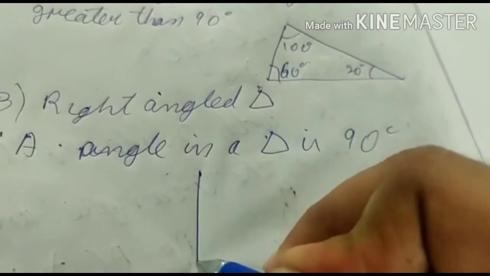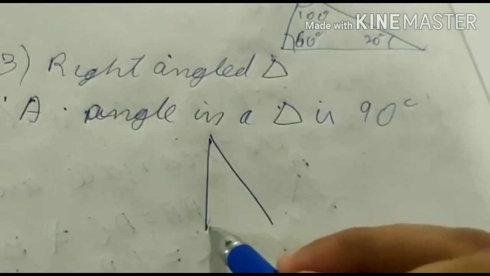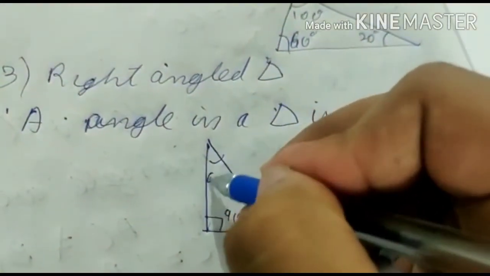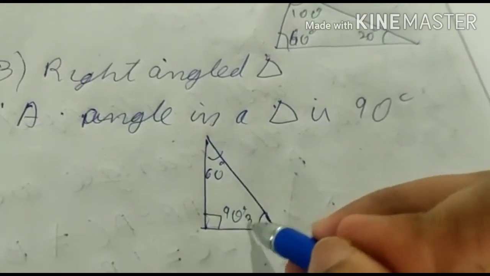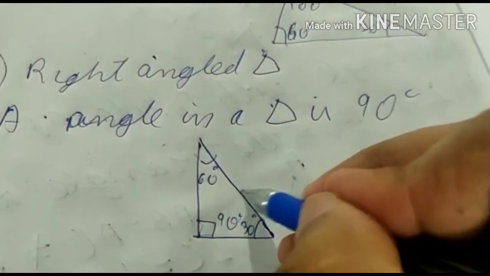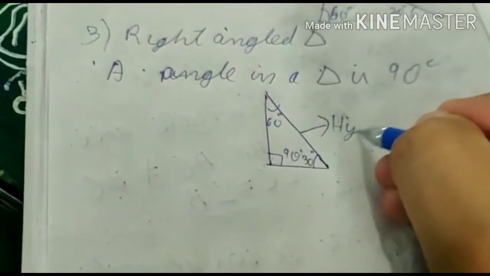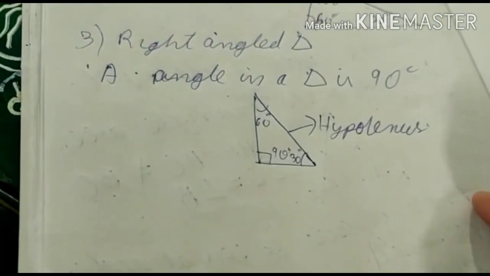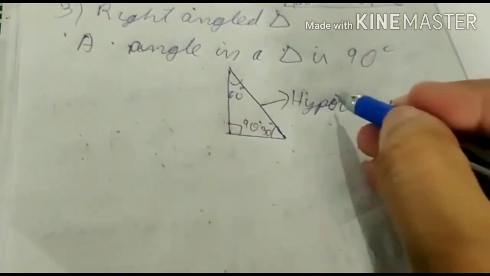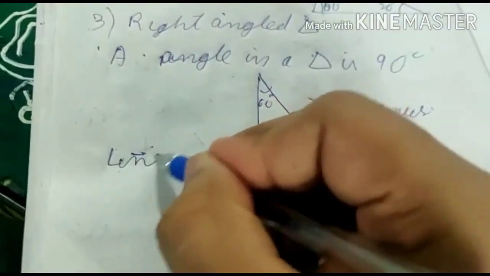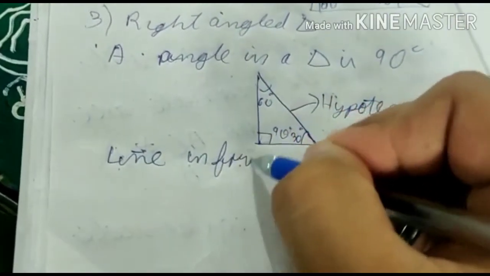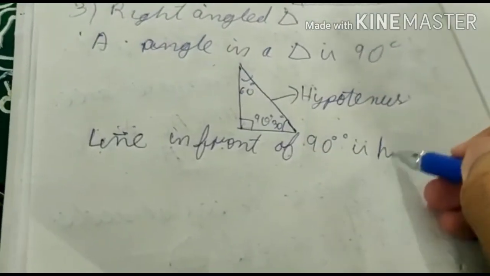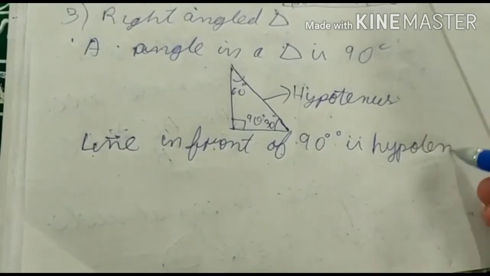Means this is 90 degrees, this is 60 degrees, this is 30 degrees. Okay, and the line in front of the 90 degree angle is the hypotenuse. Okay, the line in front of the 90 degree angle is the hypotenuse.